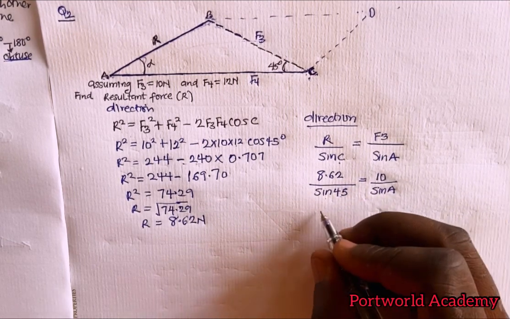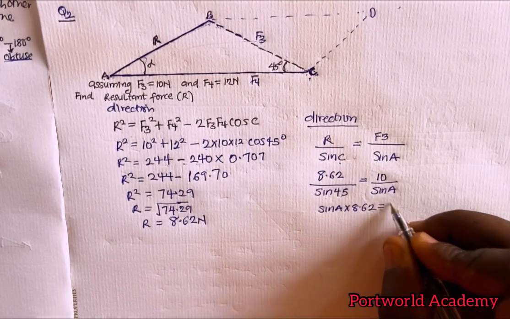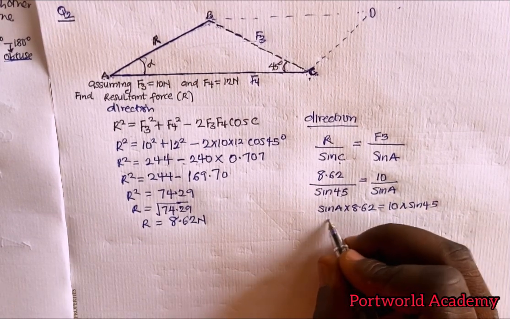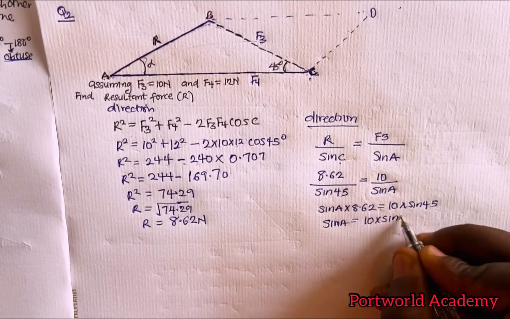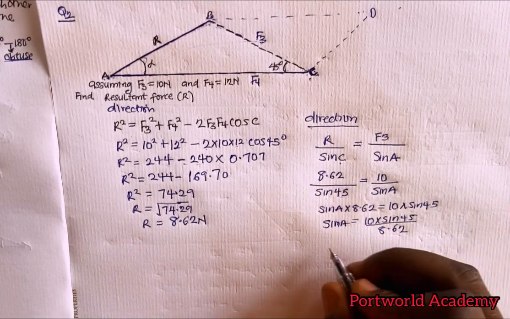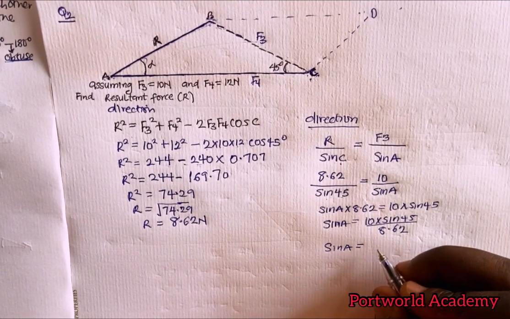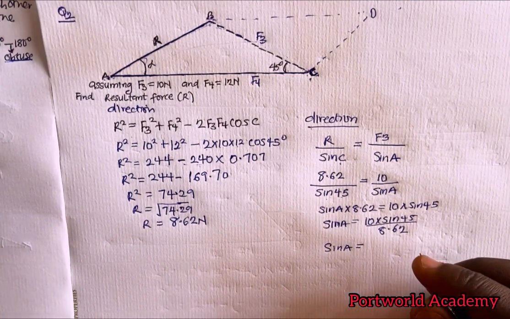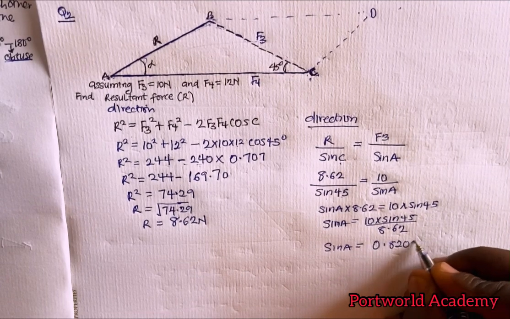So I'm going to have sine A multiplied by 8.62 equals 10 multiplied by sine 45, right? Then sine A equals 10 multiplied by sine 45 divided by 8.62. Let's press everything on the calculator and see what it gives. Sine A is 0.8203, right?